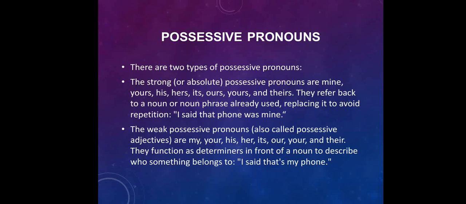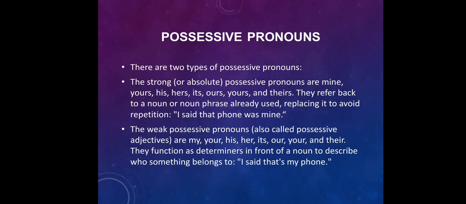The strong ones are mine, yours, his, hers, its, ours, yours, and theirs. Now, if you look at them, the majority of these words end with s, but how they are used in a sentence, the example is given in the end.